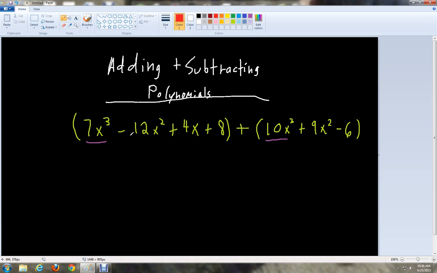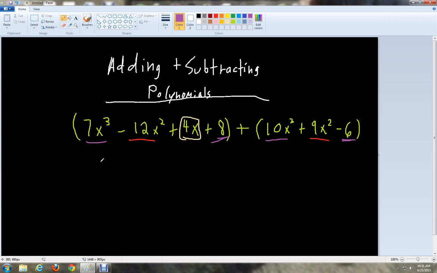Negative 12x squared and 9x squared are also like terms, so we'll combine those. The 4x term is alone, so we'll just leave that by itself because there's no other x term over here. And then we also have the 8 and the negative 6, the constants that we'll combine.